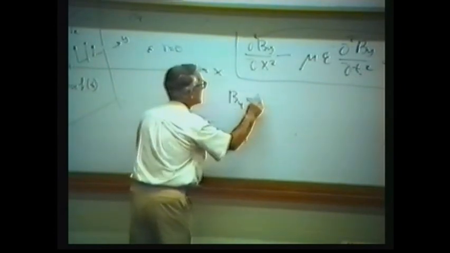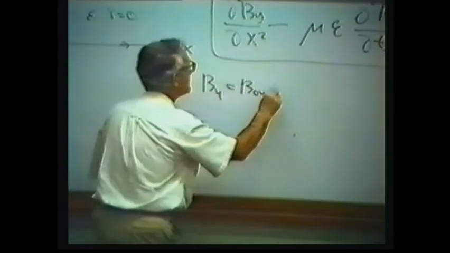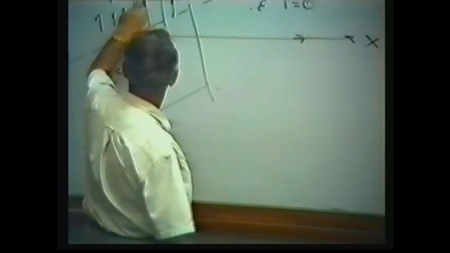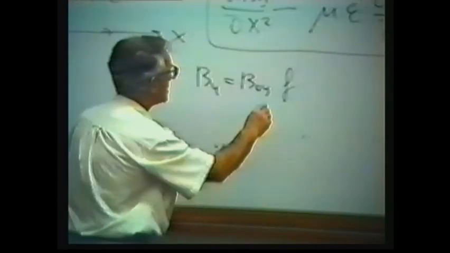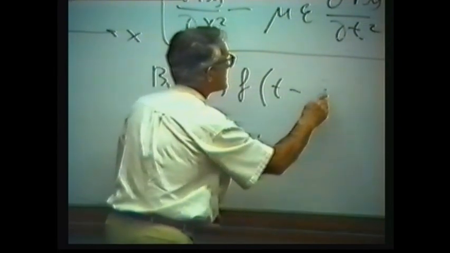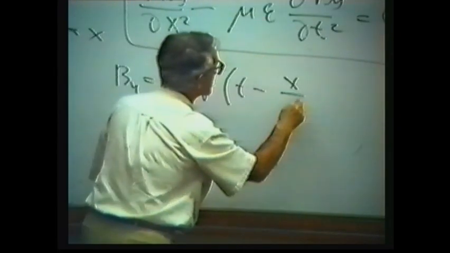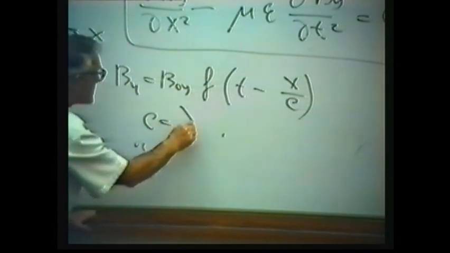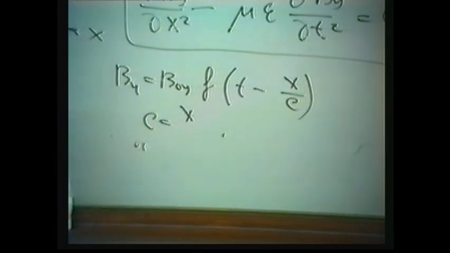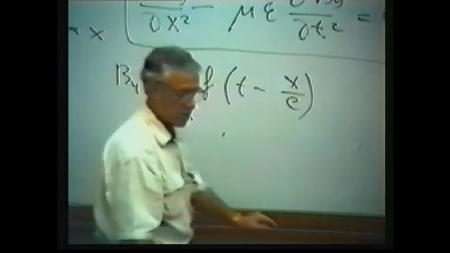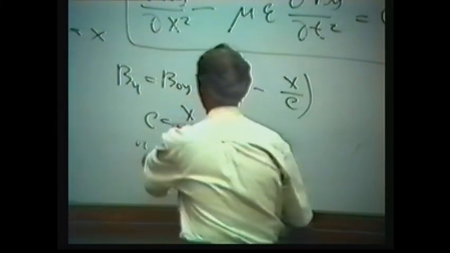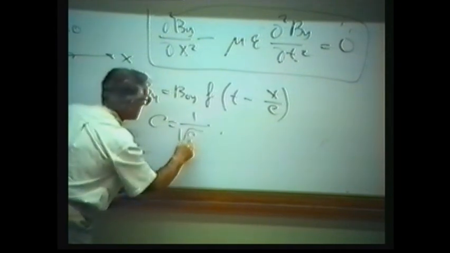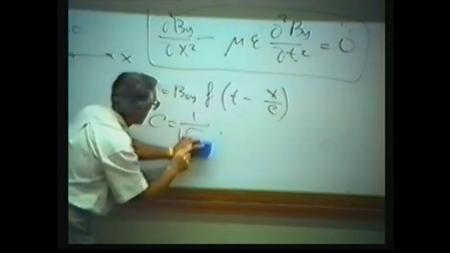By equals B naught times a function, any function, of t minus x over c, where c equals one divided by square root of epsilon mu.